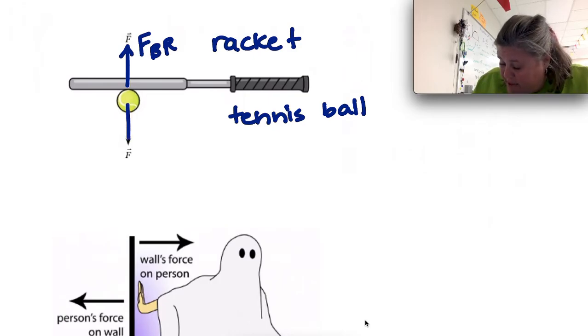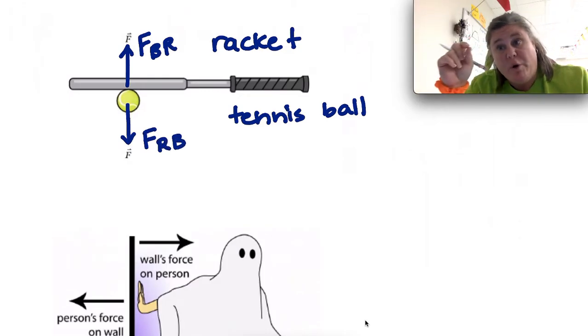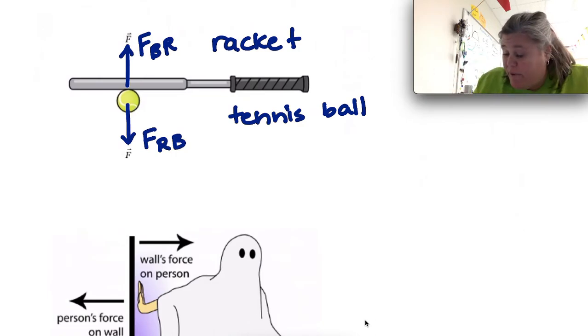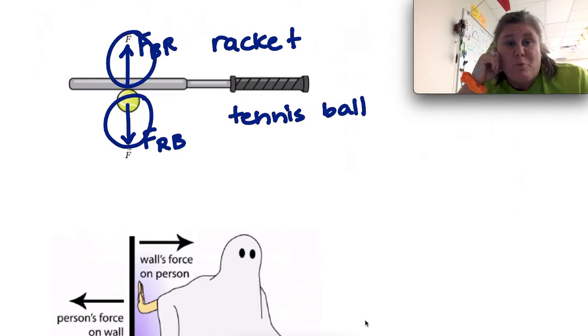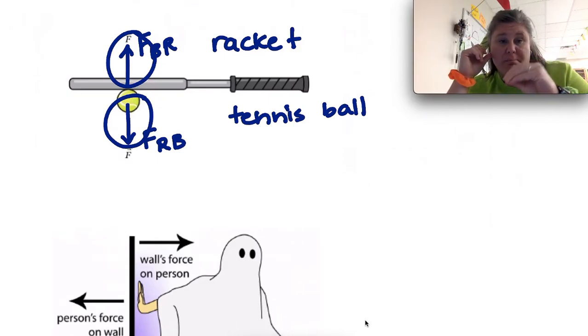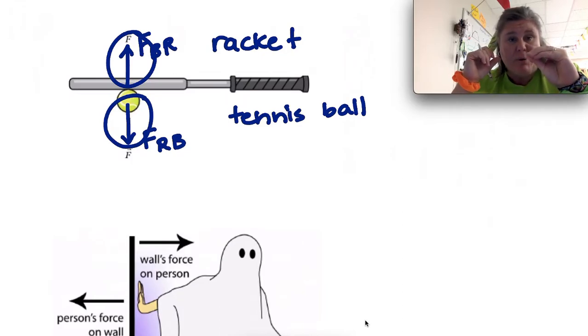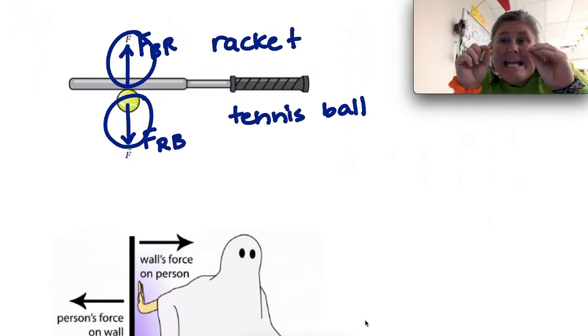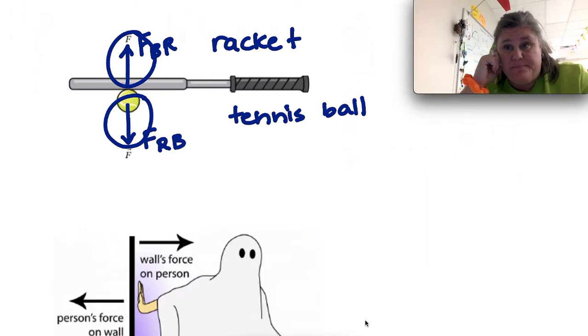This right here is the force of the racket on the ball. And according to Newton's third law, for every action force, there's an equal and opposite reaction force. So the force of the racket on the ball and the force of the ball on the racket are equal in size, but opposite in direction.